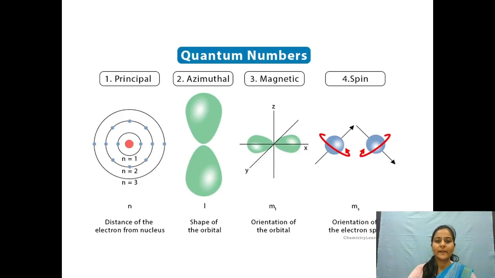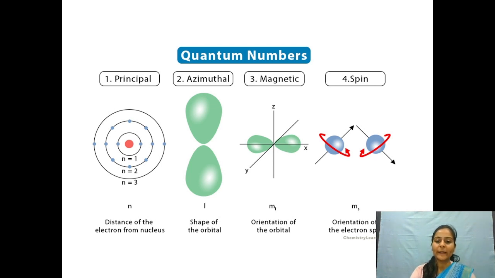So here is the summary of today's lesson, that is quantum numbers, four types: principal, azimuthal, magnetic and spin. And here are the diagrams for these four quantum numbers. In the first one, the principal quantum number, we have the different kinds of shells according to the model of the atom proposed by Bohr. The second is the shape of the orbital, that is the azimuthal quantum number, and we designate these orbitals as small l.